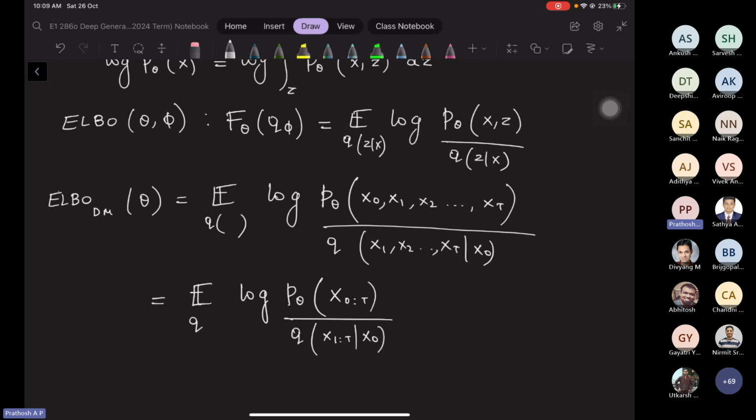Is this okay? At every step, either react or interrupt me if you don't understand, otherwise it will be difficult for me. So this is our ELBO, and we'll have to optimize this with respect to theta.